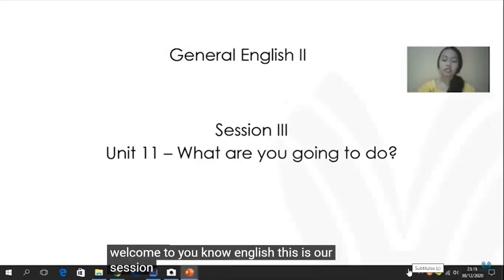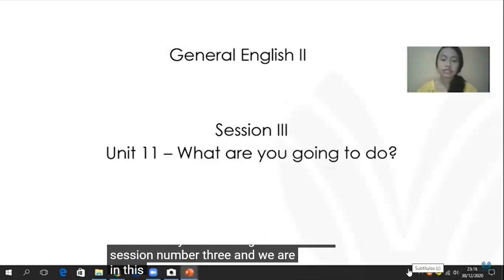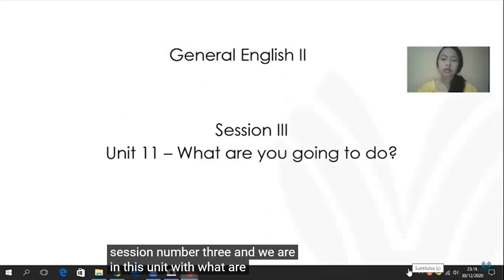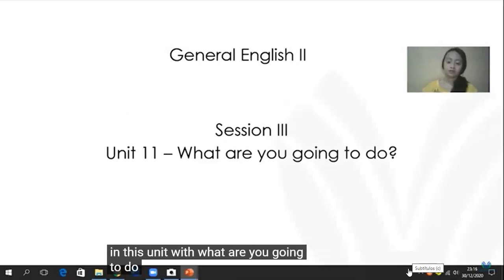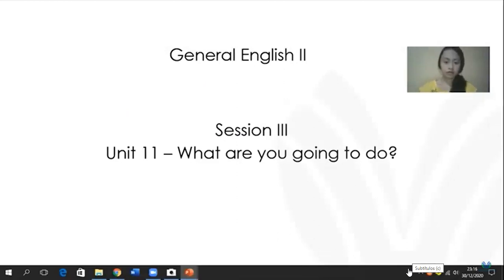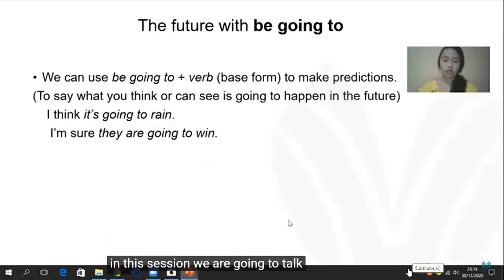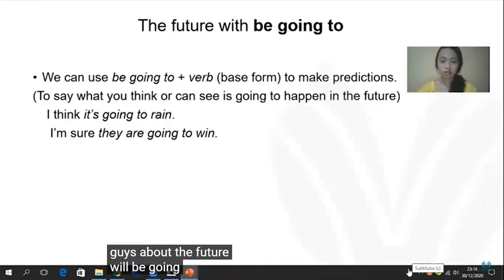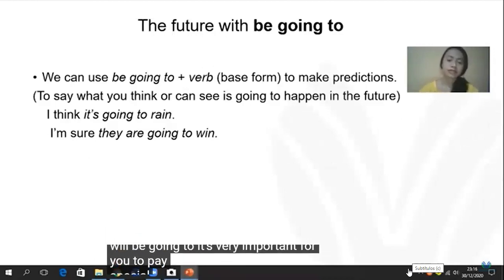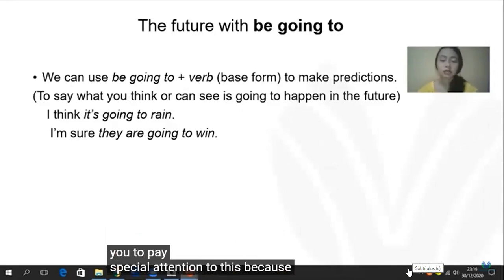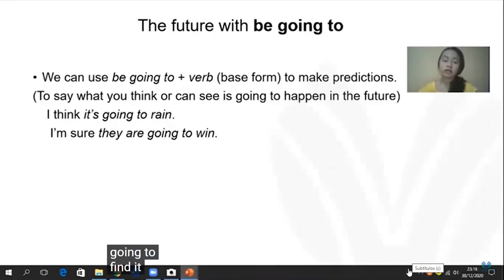Our session number 3, and here is the unit. What are you going to do? We are going to start at this session. We are going to talk guys about the future and we going to. Very important. Pay special attention to this because we are going to find session.